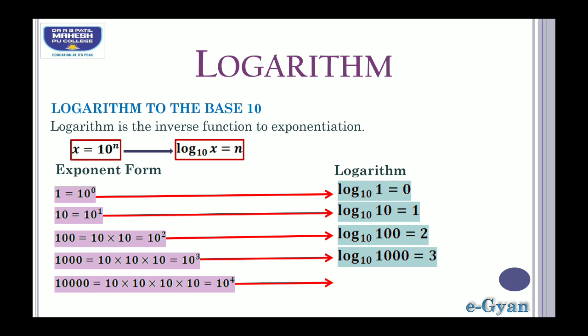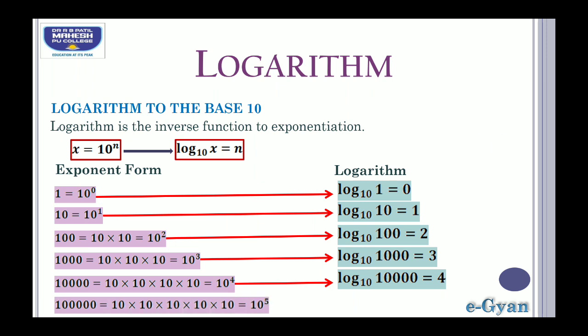So therefore, log of 10,000 to the base 10 is equal to 4. 1 lakh is 10 to the power of 5. So therefore, log of 1 lakh to the base 10 is equal to 5. So thus, the logarithm is the inverse function to exponentiation.